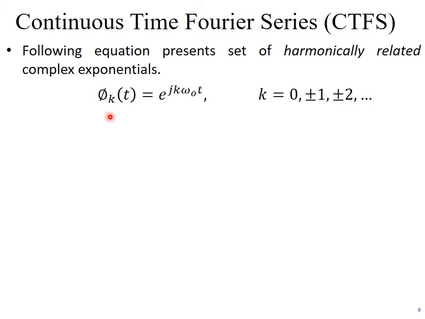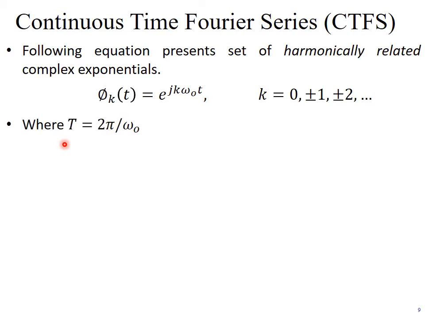Now let us consider the equation given here. Phi k of t is equal to e power j k omega naught t, where k is equal to 0, plus minus 1, plus minus 2, and so on. These are actually expressions for harmonically related complex exponentials.